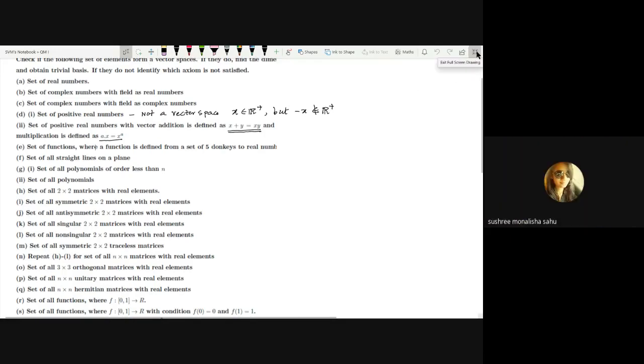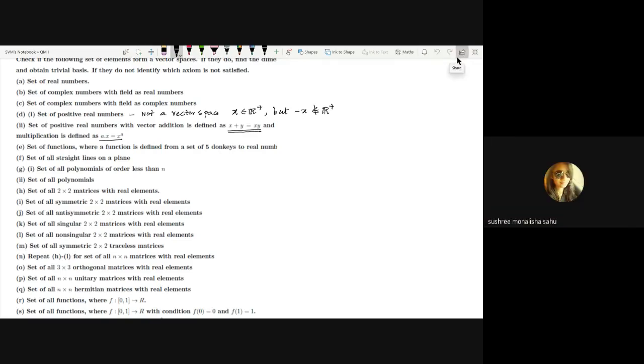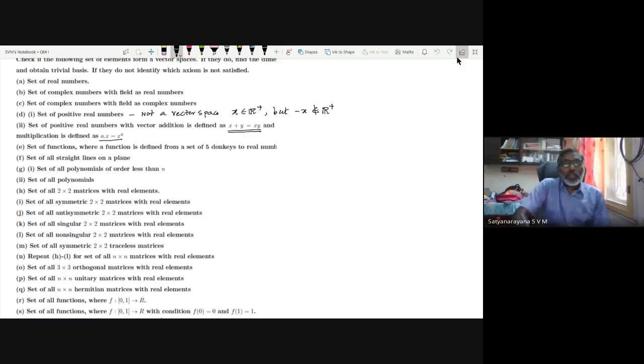Sir, I tried that problem, but in my case, the distributive property is not working for that particular case. It is an abelian group I found. And the multiplication is also satisfying, but the distributive property is not satisfying. So the distributive property is: a times x plus y is equal to a times x plus a times y, right?